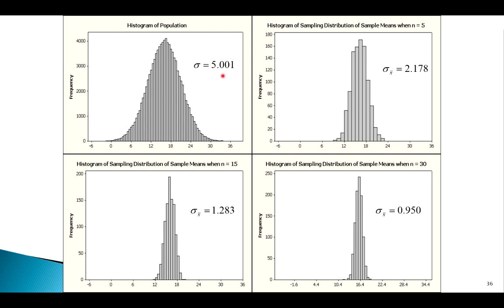But a big thing we see is that our standard deviation, or in the case of a sampling distribution, standard error, the spread, is going down. This is an important idea. As n goes up, our standard error goes down. In other words, bigger sample sizes give us more precise results. More precise is good.